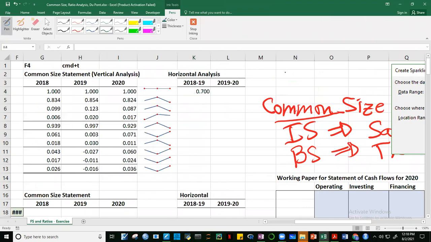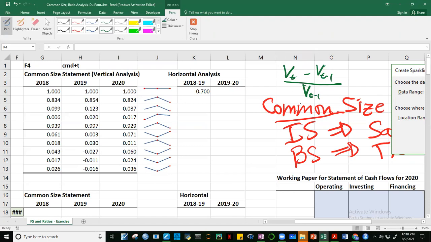Value at time t, minus value at time t minus 1, divided by value at time t minus 1. So you're comparing the value now to the previous value.